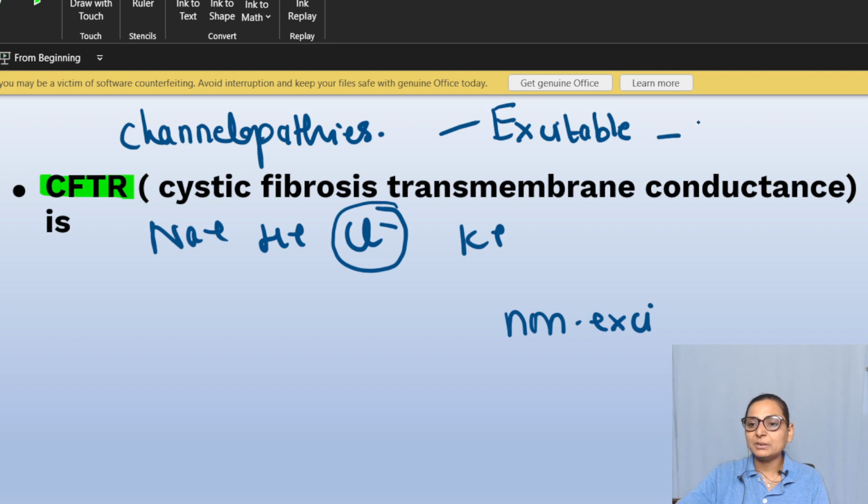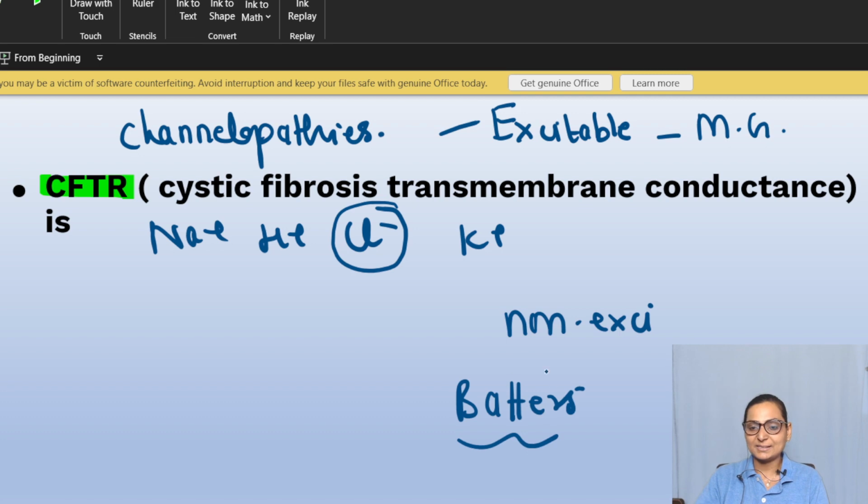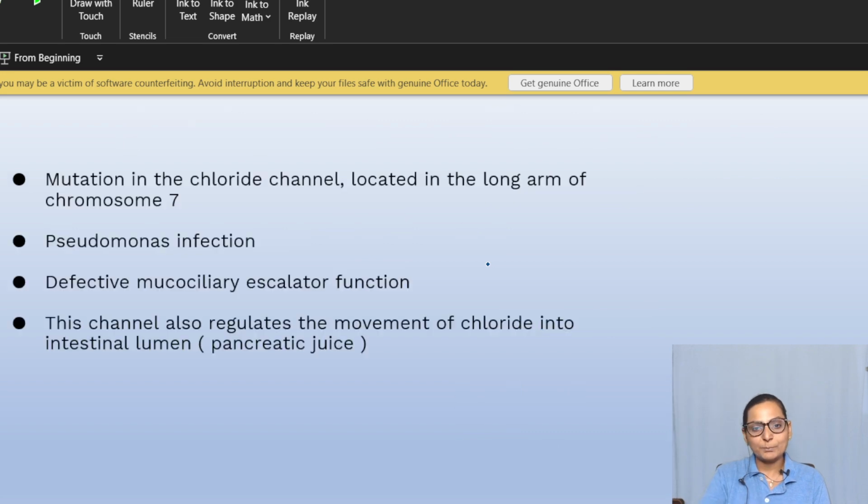Excitable, for example, myasthenia gravis and long QT syndrome, where the channels are associated with excitable tissues. Non-excitable tissues, like cystic fibrosis and even Bartter syndrome associated with the kidney, where there is a mutation in the potassium chloride channels. So this is excitable and non-excitable channelopathies.